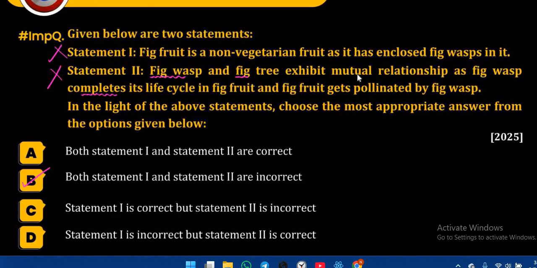Fig wasp and fig tree exhibit a mutual relationship and fig wasp completes its life cycle in the fig fruit and fig fruit gets pollinated by fig wasps. Choose the most appropriate answer. So statement first is wrong and statement second is wrong. So both statements first and second are incorrect. This is a 2025 question.